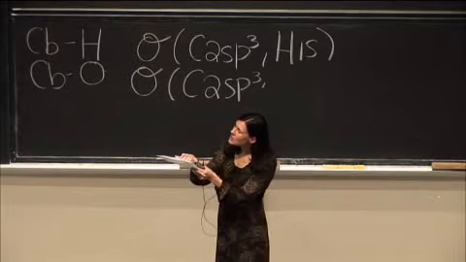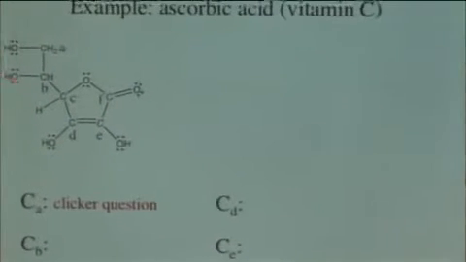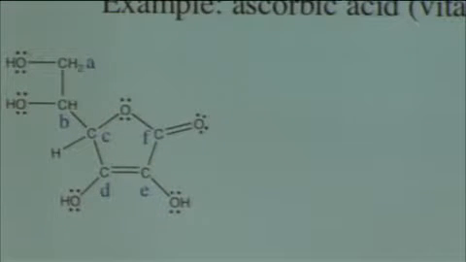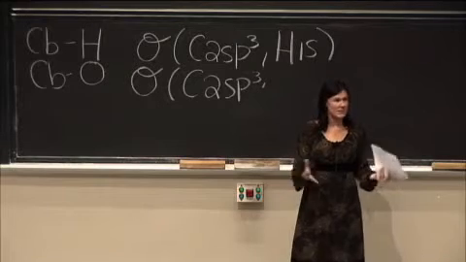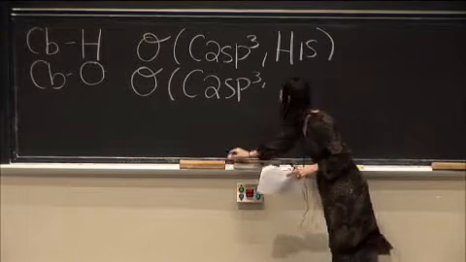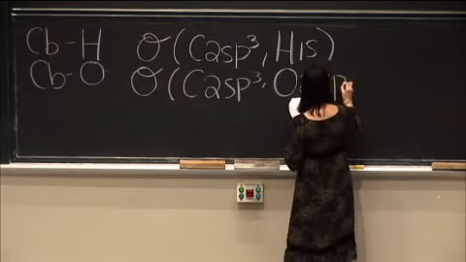What is the hybridization of this oxygen right here? Okay, right, good. It's sp3. It's bound to 2 atoms, plus it has 2 lone pairs. That's a total of 4 things. So we'll say it's oxygen 2 sp3.